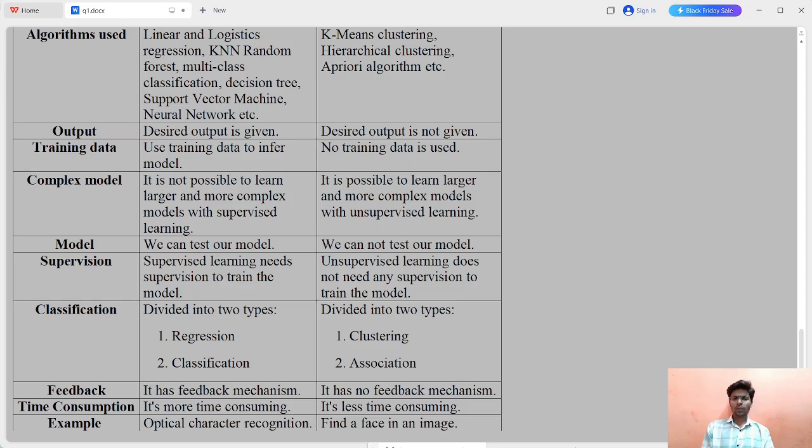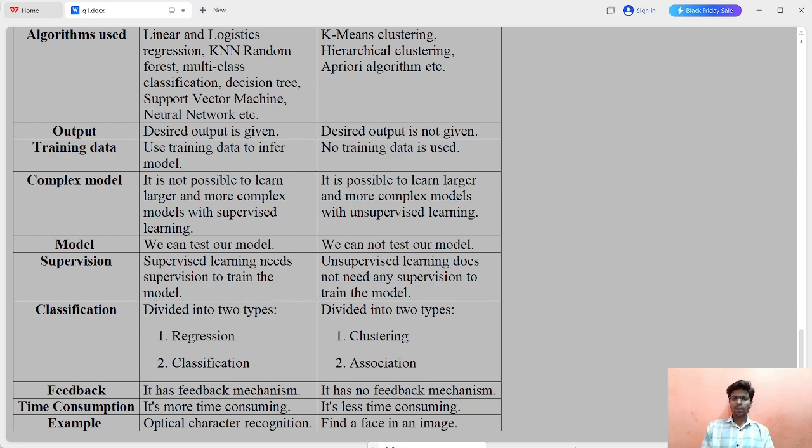Classification: supervised ML is divided into two types, the first is regression and the second is classification. Unsupervised ML is divided into two types, clustering and association. Feedback: supervised ML has a feedback mechanism, while unsupervised learning does not have a feedback mechanism.